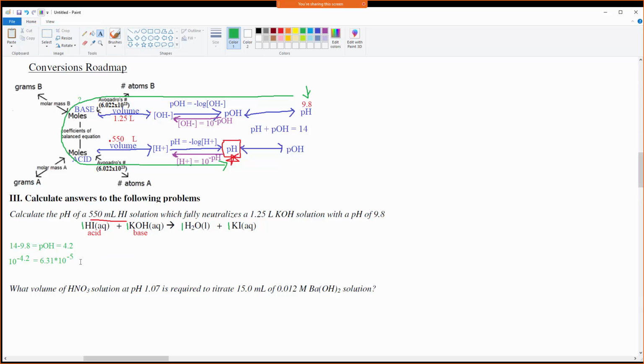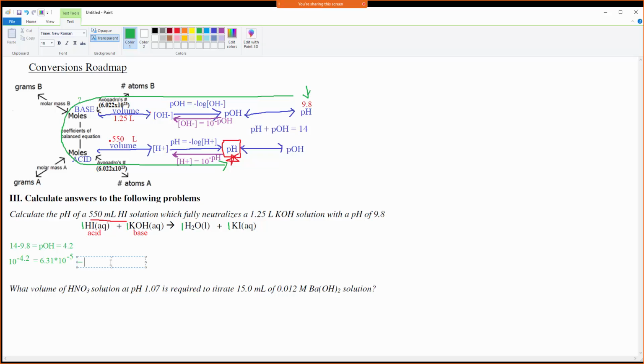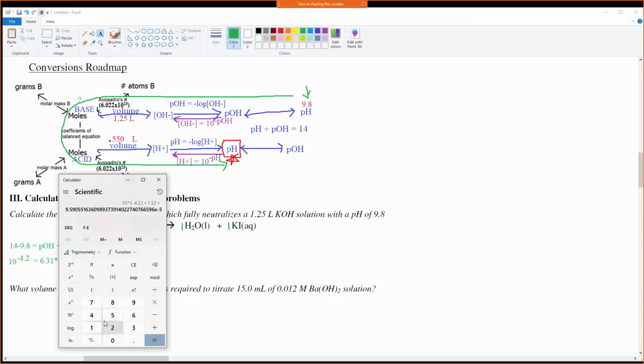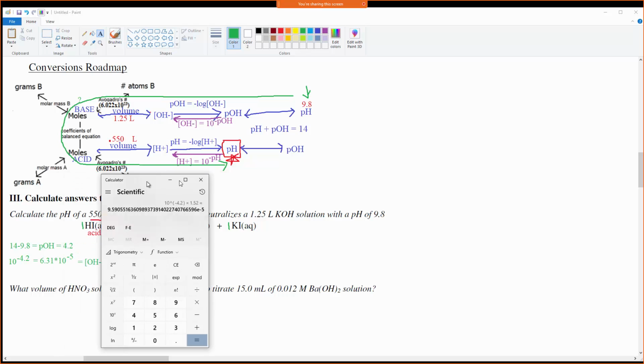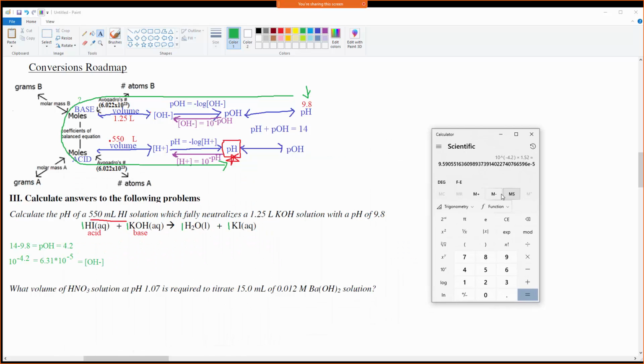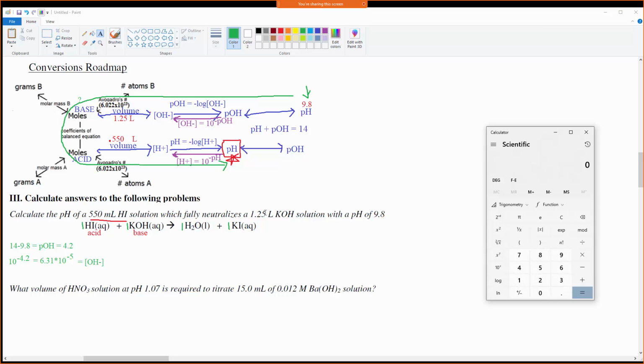Right? Everybody agree with that? This is my OH minus concentration. Okay, oh, I don't know what I did there. I did something I didn't mean to. Okay, and of course this is in moles per liter.